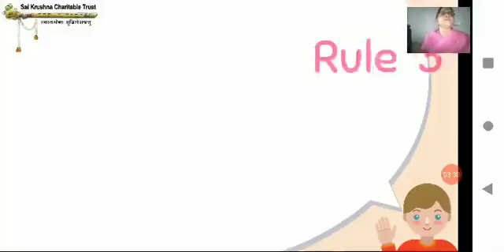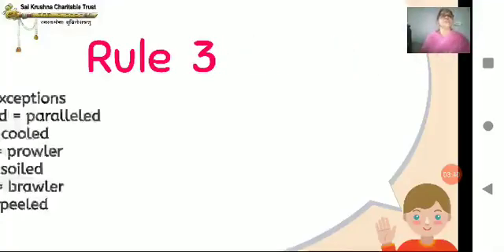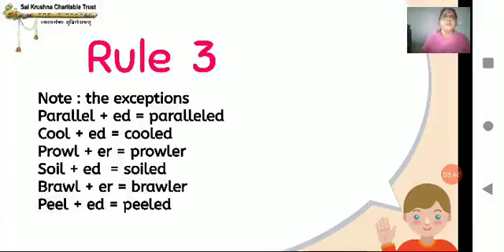Alright, so we move on next with Rule 3. We continue. Look at some exceptions. There are always exceptions to a rule. Parallel. What is parallel? Yes, you draw parallel lines that do not meet each other. Excellent. To that, when I add ed, what is the last letter of parallel?